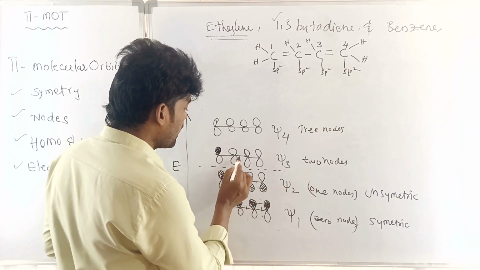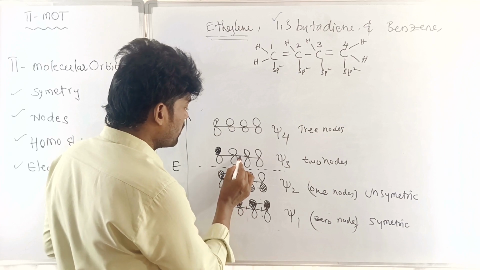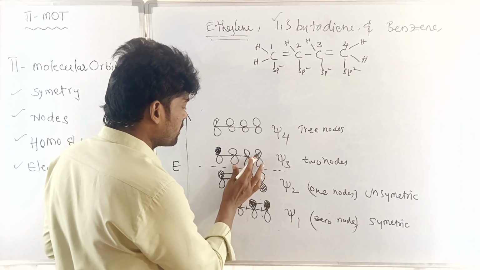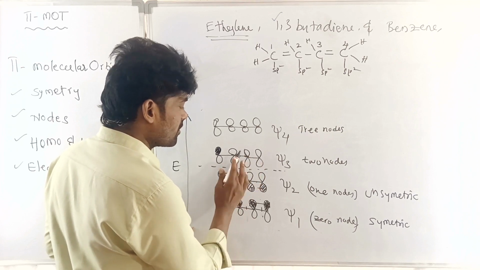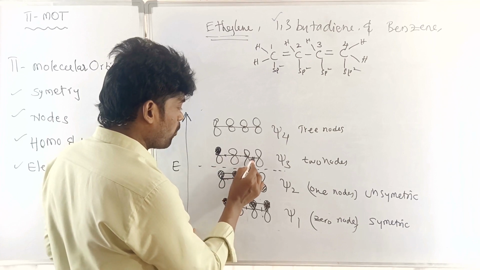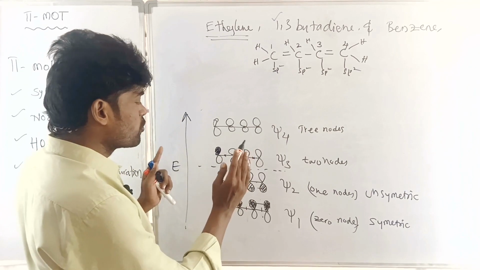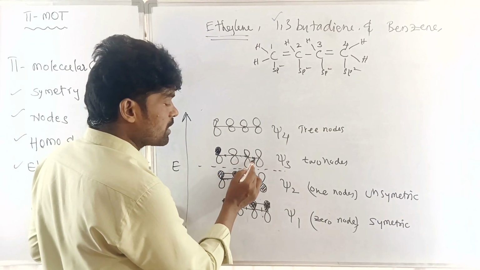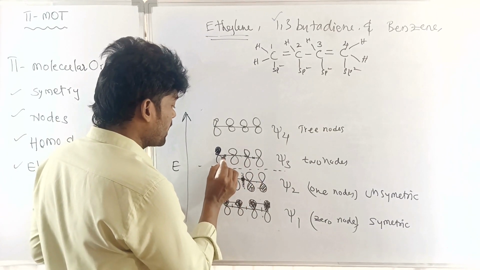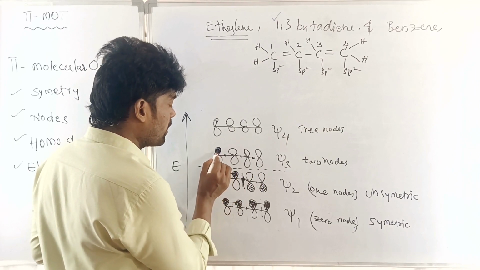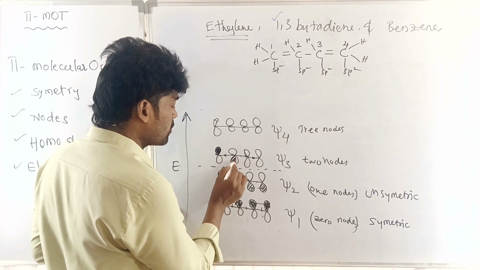If I take one node here, this seems to be unsymmetric, not proper. So if I take one point here and one point here, this seems to be good compared to taking these 2. Understand what I mean? That's why I am making a node here and a node here. If shaded here, the opposite shade should be there.